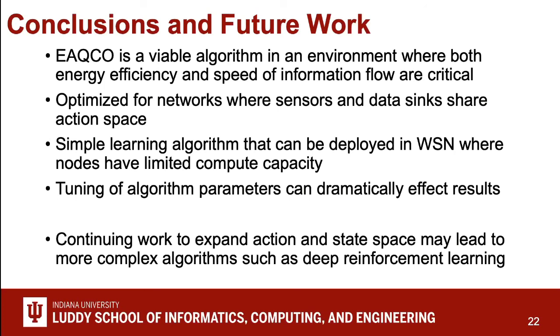In our future work, we're looking at trying to expand the action space to look at the effects of not only computing locally, but maybe even store and carry forward, which is a common effect in wireless sensor networks as they lose connection. How those decisions can be optimized, and also increasing the state space for more complex quality of service metrics that can be added in.